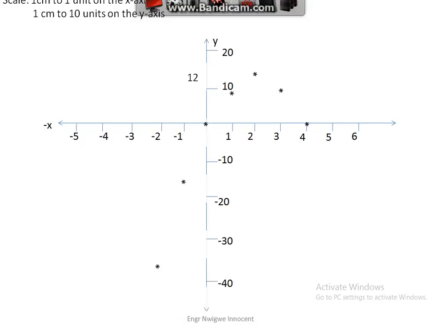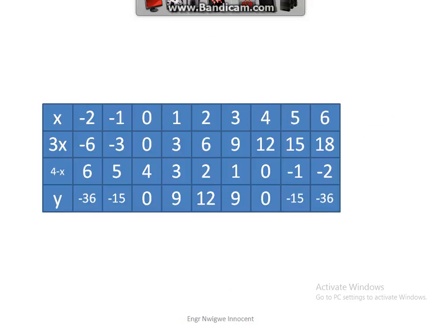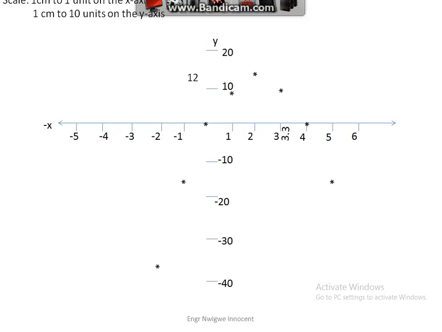Then the next value for x is 5, and the next value of y is minus 15 on the table. Then we go to the graph and locate where 5 is, which is on the x-axis, the horizontal axis.